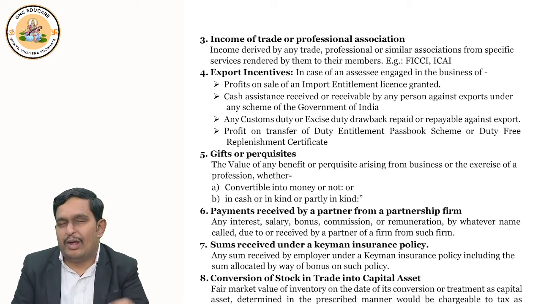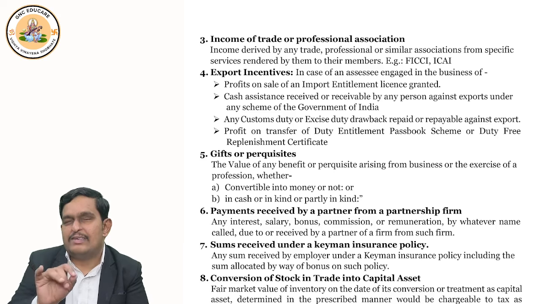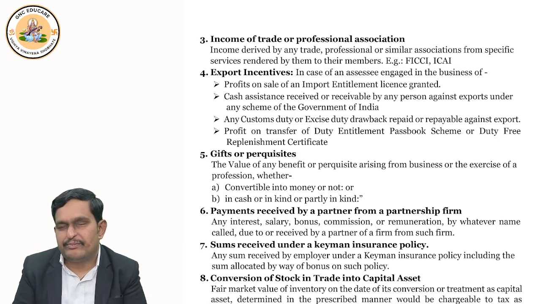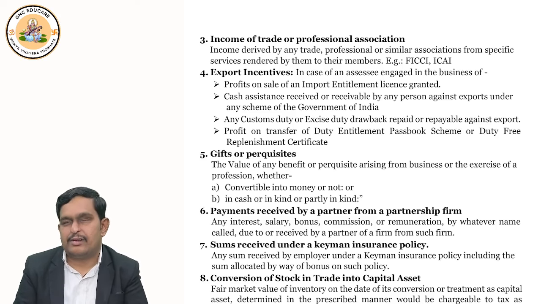If employee's family member gets it, then taxed under income from other sources. Are you able to understand? So ultimately, who is going to receive the money on that key man insurance policy? Is it the employee himself? If yes, tax it under salary. Is it the employer going to get it? Tax under PGBP. Is it the employee's family member because employee died? Then tax it under income from other source.